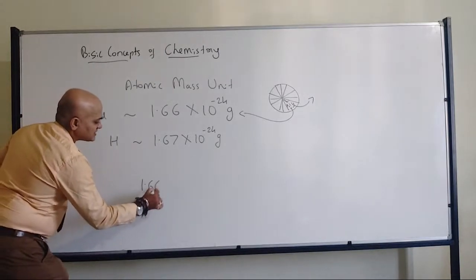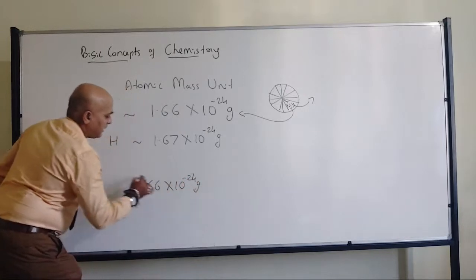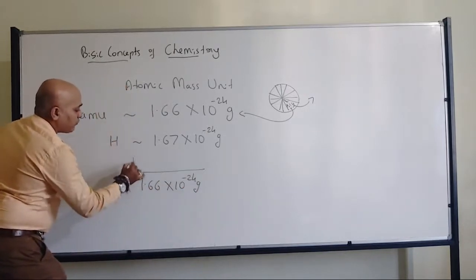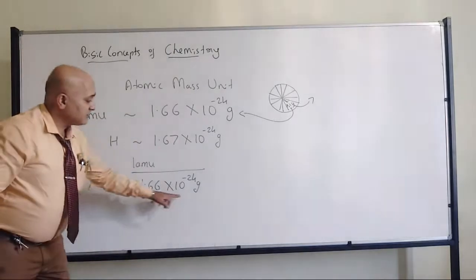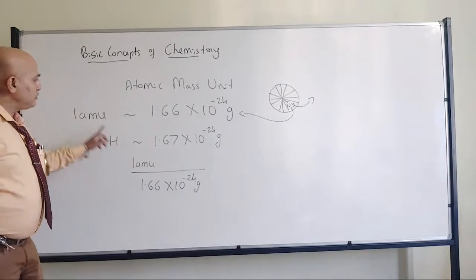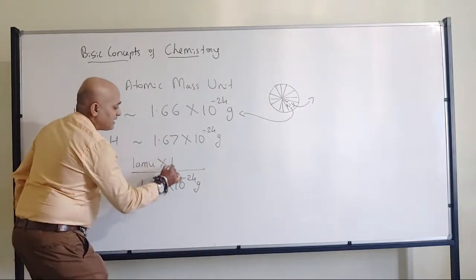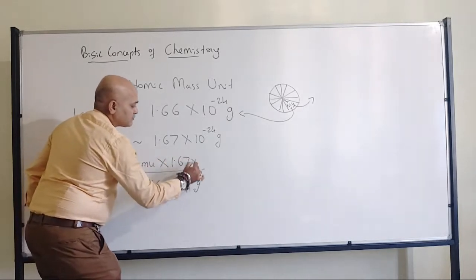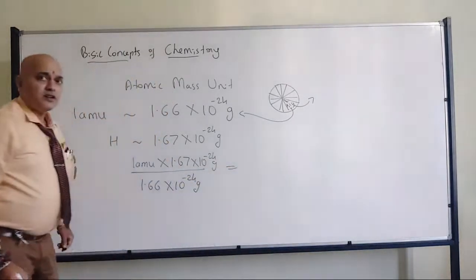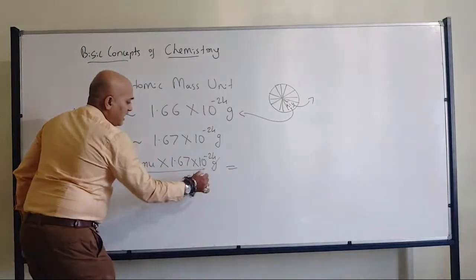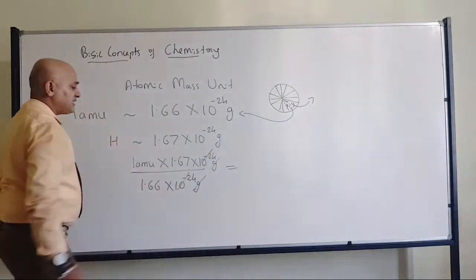For 1.66 into 10 to the power of minus 24 gram, we have one atomic mass unit. Or I can say that this many grams corresponds to one atomic mass unit. In that case, this many grams corresponds to how many atomic mass units? Got my point? So grams will get cancelled, and 10 to the power of minus 24 will get cancelled.